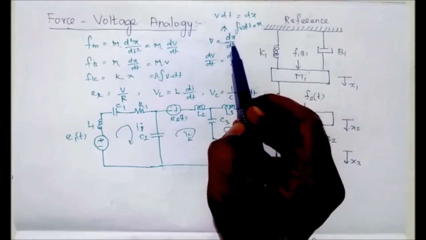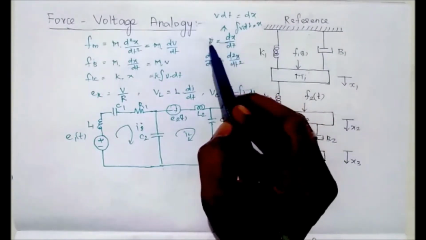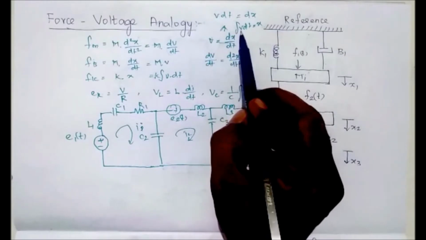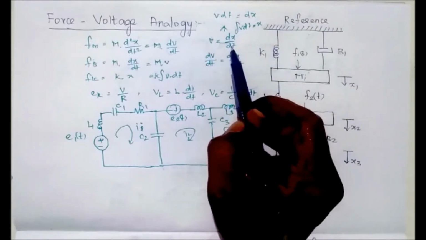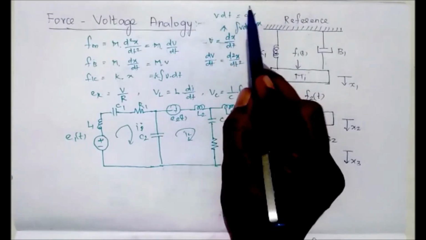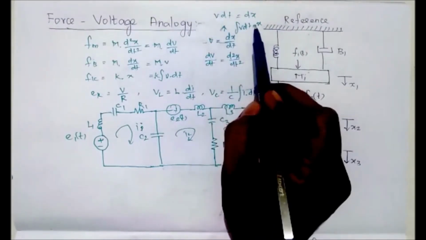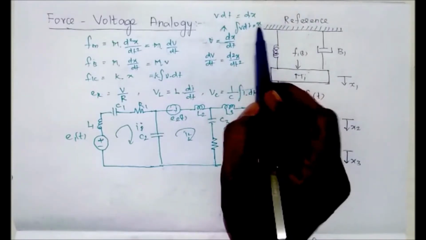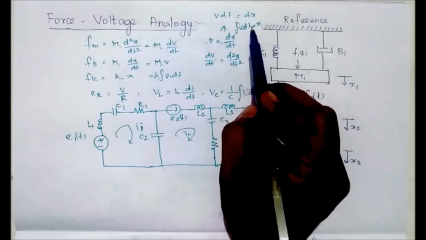So now we can convert velocity: x equals integral of velocity into dt. So now we can bring this dt here: dx equals v into dt. On both sides we have to apply integral. On this side integral and derivative cancel each other. Therefore x equals integral of v into dt.